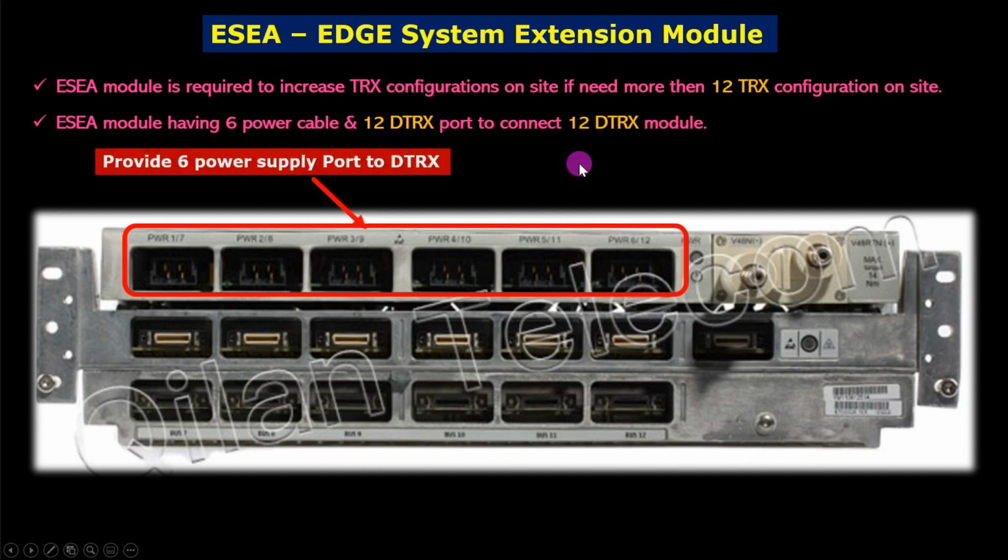Please make sure and don't get confused, because we can see power 1 to 6 here, and it then starts from 7 to 12. But here you can take power for only 6 DTRX; the remaining DTRX you have to power from ESMA. I will explain this later in this video.